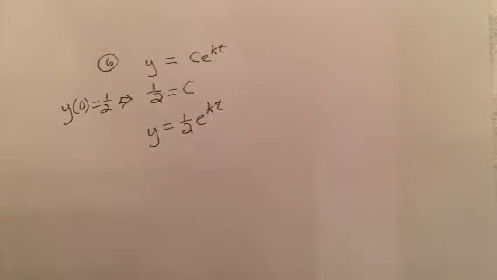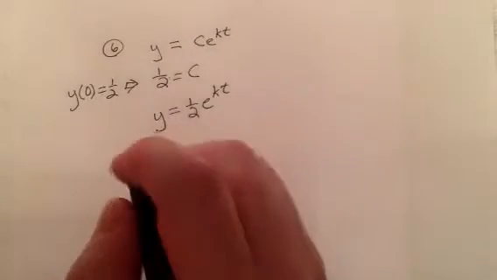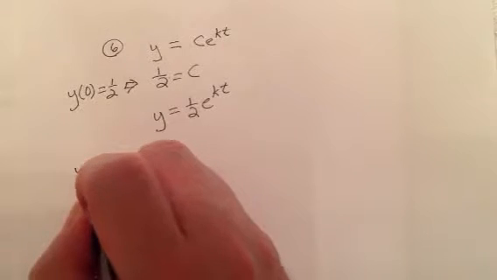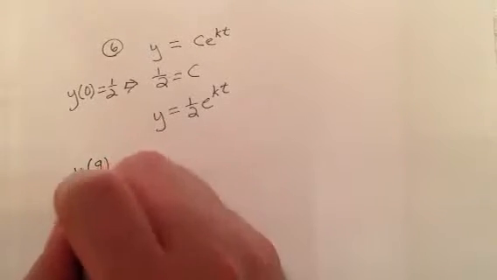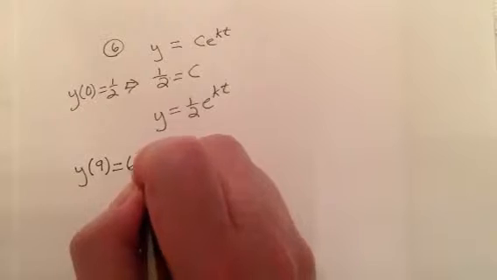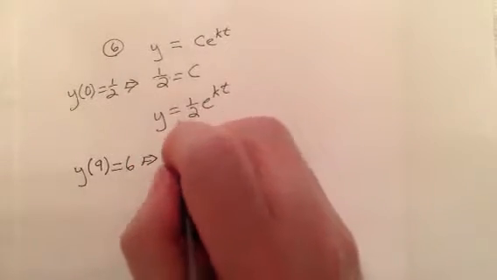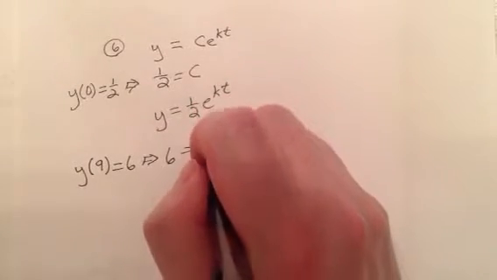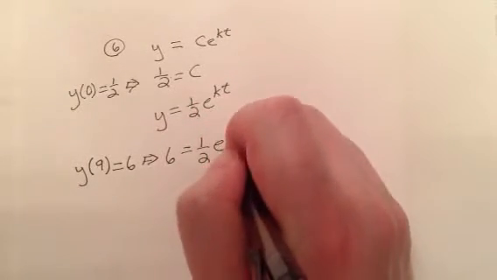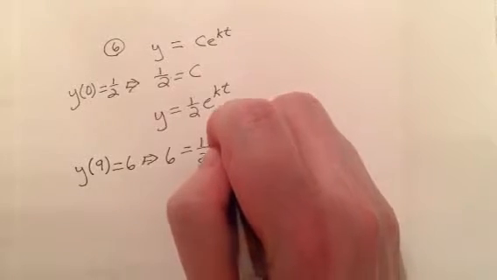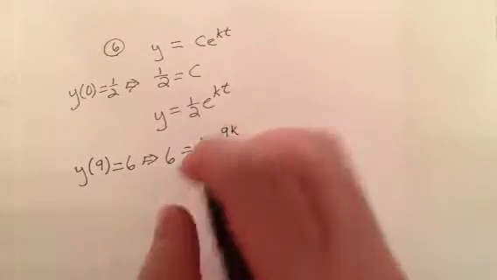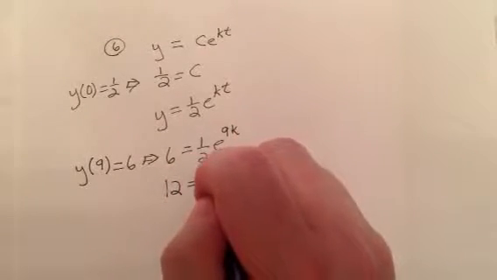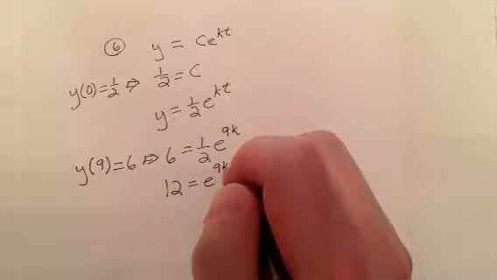To satisfy our other point, at t equals 9, y equals 6. Substituting, 6 equals 1/2 times e to the 9k. Multiplying both sides by 2, we have 12 equals e to the 9k.